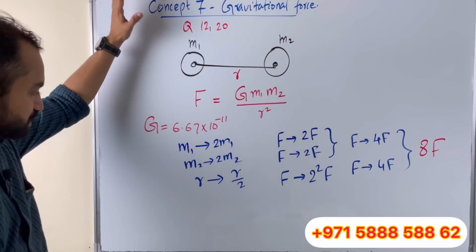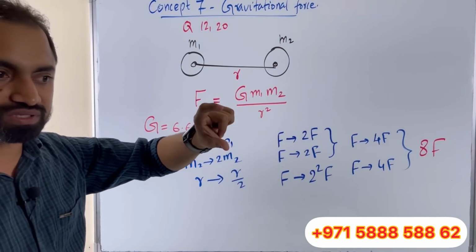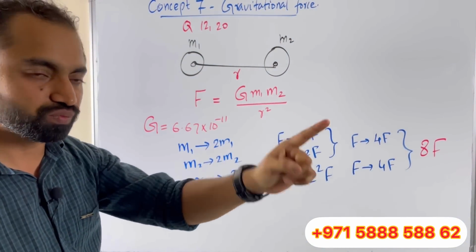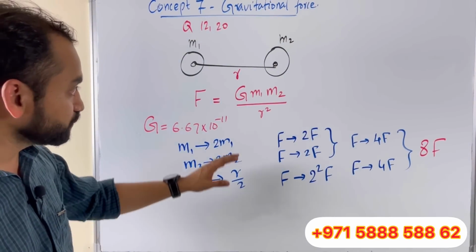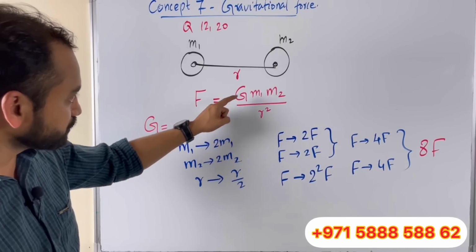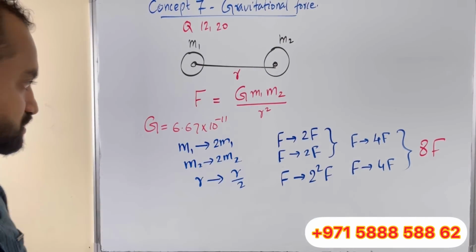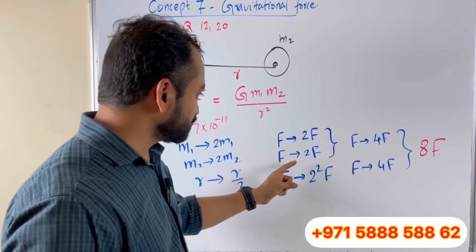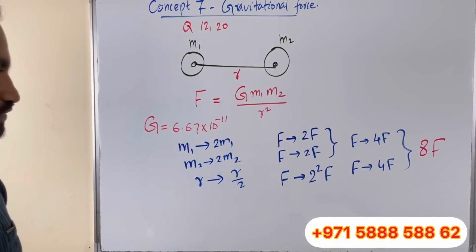Just like when you double only one of the masses, the force becomes double. If you double both the masses, then the gravitational force becomes 4 times.